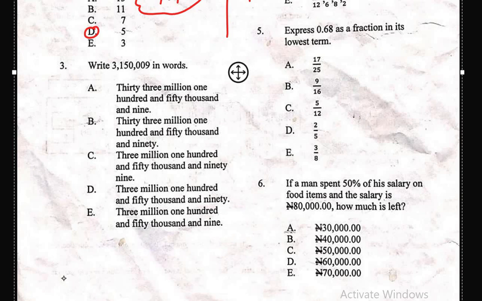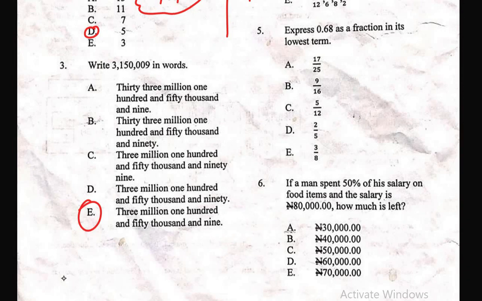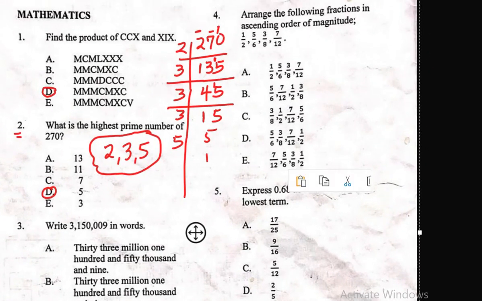C, 3,150,099, wrong. D, 3,150,019, wrong. E should be the correct answer. 3,150,009. Yes, that's correct. Let's move up to question 4.